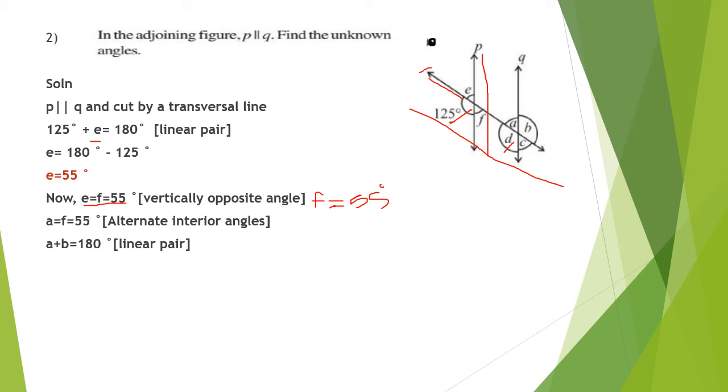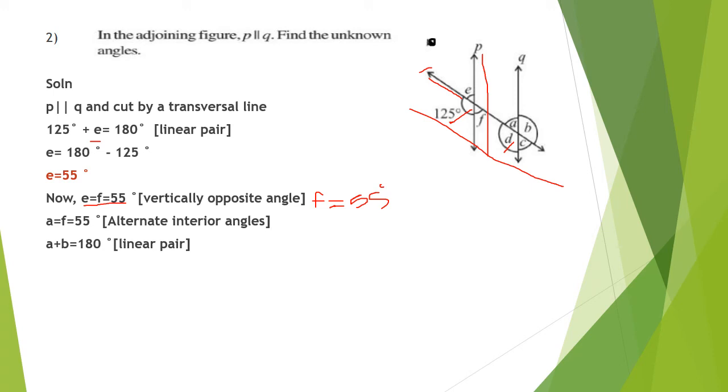Then A plus B. You take this line as a straight line, children. A and B are the two angles formed on the straight line. They have a common arm Q, and A and B are on both sides. So A plus B is equal to 180 degree.